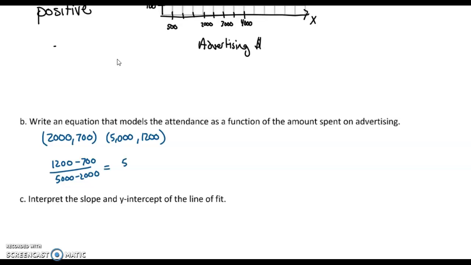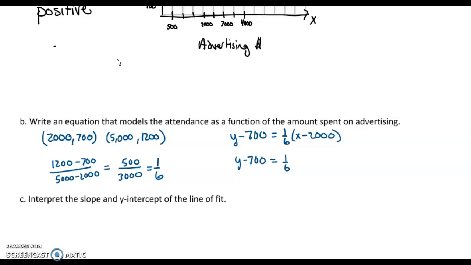I get 500 over 3,000, which I'm just going to put as a fraction. It's 1/6. And then I'm going to choose if you want to do y equals mx plus b, or if you want to do y minus y1 equals m times x minus x1. Either way should be okay. I'm going to do point slope form this time.